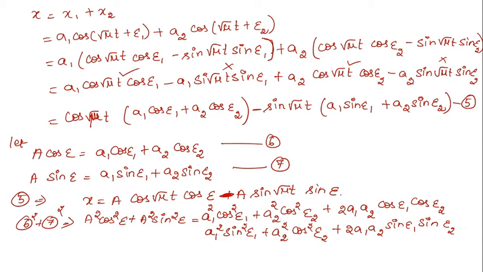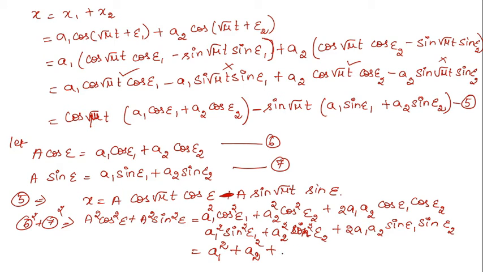When you add A1 square cos square epsilon 1 and A1 square sine square epsilon 1, you will get A1 square, because sine square plus cos square epsilon 1 is 1, plus A2 square, because sine square plus cos square epsilon 2 is 1.